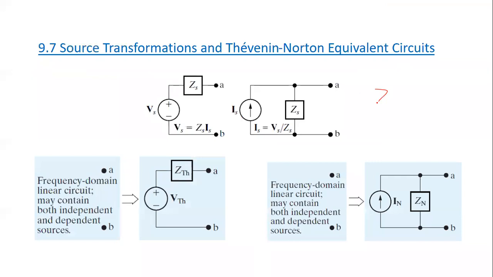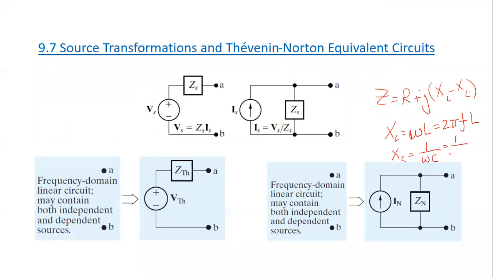So Z is the complex number of R plus j, and here we will have the inductive reactance minus the capacitive reactance, where the inductive reactance XL is equal to omega L, which is equal to 2 pi times the frequency times L. And the XC is equal to 1 over omega C, which is 1 over 2 pi FC.